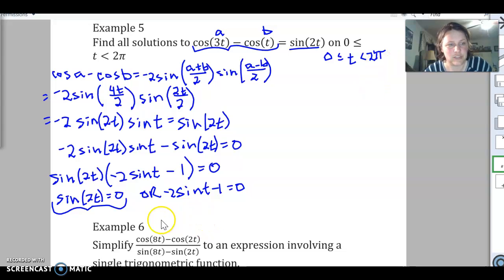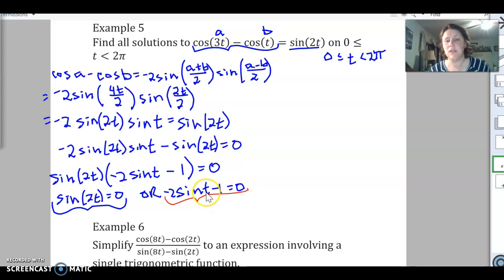For our second solution, notice that our interval is just t. So the period of this sine function, and remember, these are actual equations, actual graphs that you could graph and look at, is 2 pi over 1.